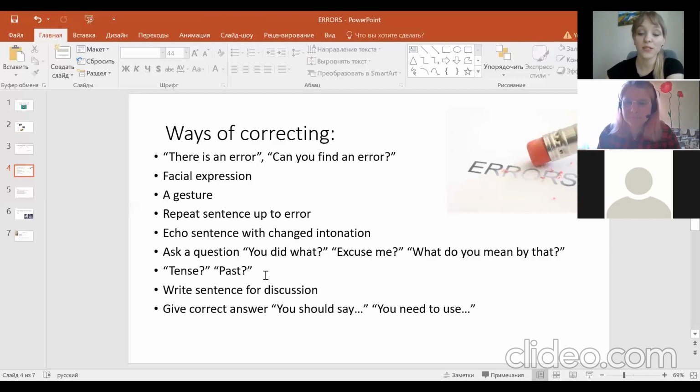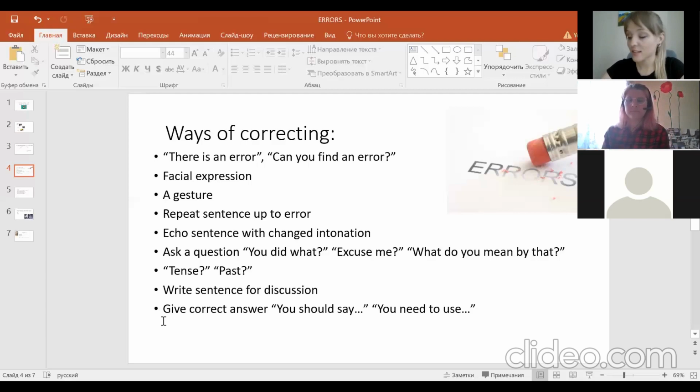Well, it also is quite good because it gives the student some food for thought to understand. Or, as Alina said, you can write the sentence for discussion. So you can simply write it on a Google Doc or a Word doc, and ask a student, do you think it's correct? And the student can look at it. It's good because it's visual. Or you can simply correct it.